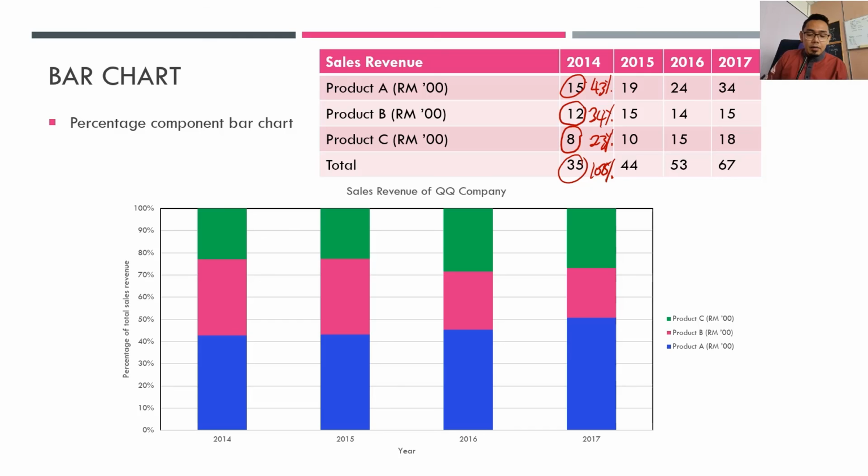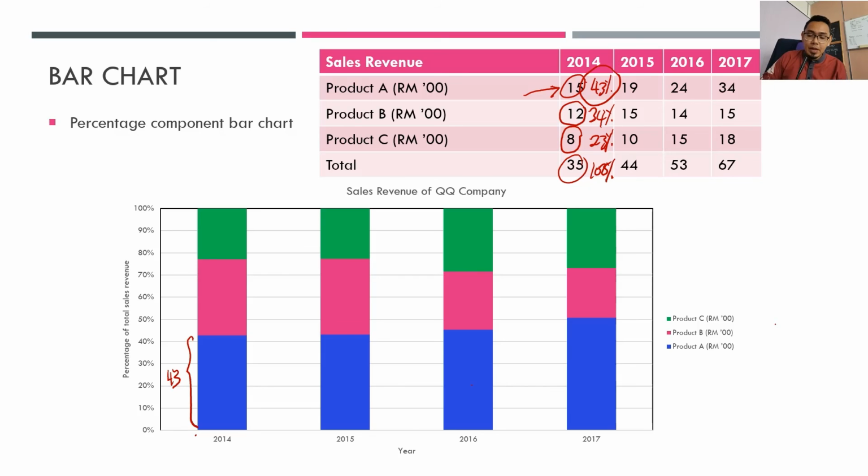Please take note that each bar for each year is actually from 0 until 100 here, so it is a full bar. And please take note that the value for A, like for example this one, is 43%. The presentation for each product is by percentage, no more by the amount 15, but by percentage.